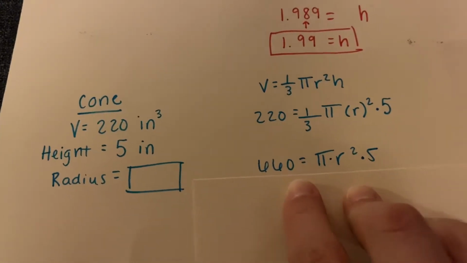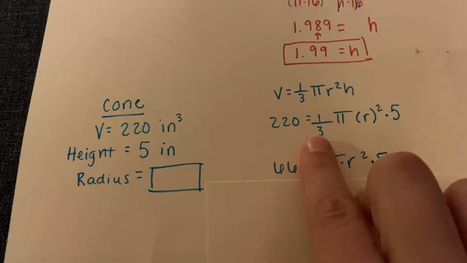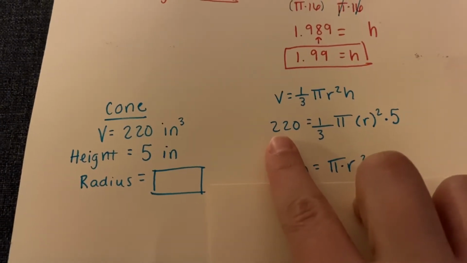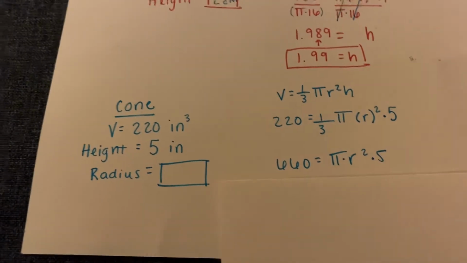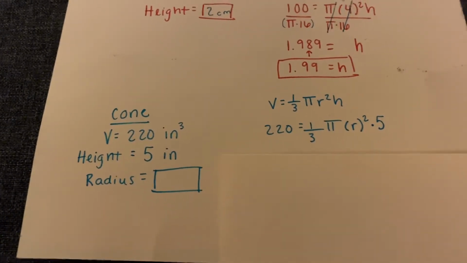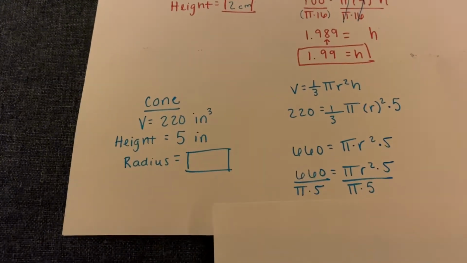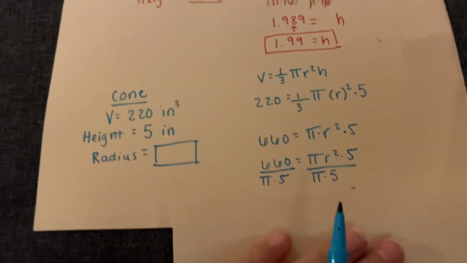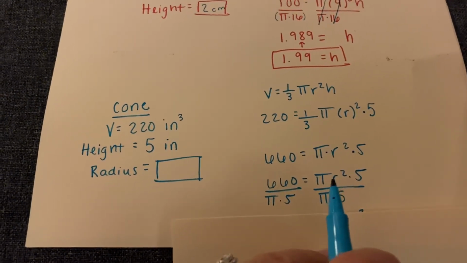Because if I multiply both sides by 3, it cancels out the 1/3, and 220 times 3 is 660. Now from here, I rewrite it, and then I divide both sides by pi times 5 because I want to get this radius r by itself.